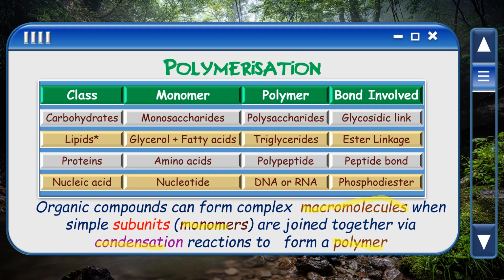So all these ones that we have here, the polymers formed, polysaccharides, triglycerides, polypeptides, DNA and RNA, when they are formed, we release water molecules. And therefore, those reactions that result in the formation of carbohydrates, lipids, proteins, and nucleic acids are condensation reactions.